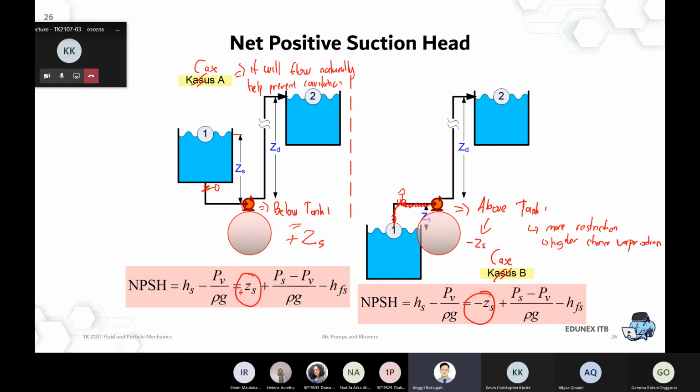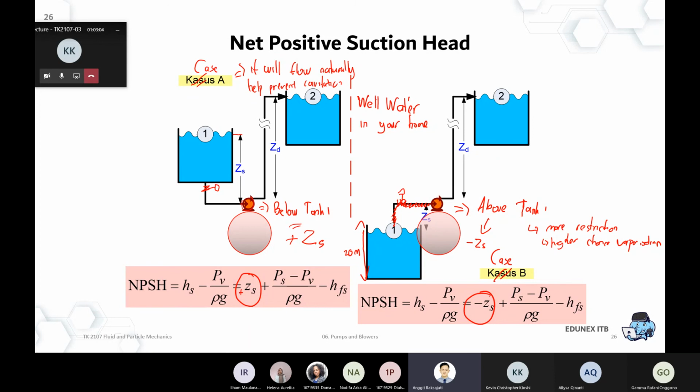Just imagine your home again, just imagine your well water in your home. If you live in Bandung, I think you will be quite lucky if you have a 20-meter well. If you live in Jakarta, I think it's going to be even worse, 30 meters, 40 meters before you start to get well water.